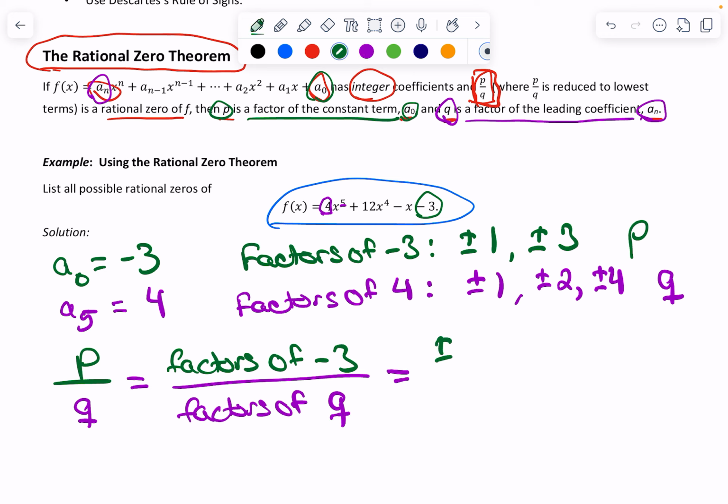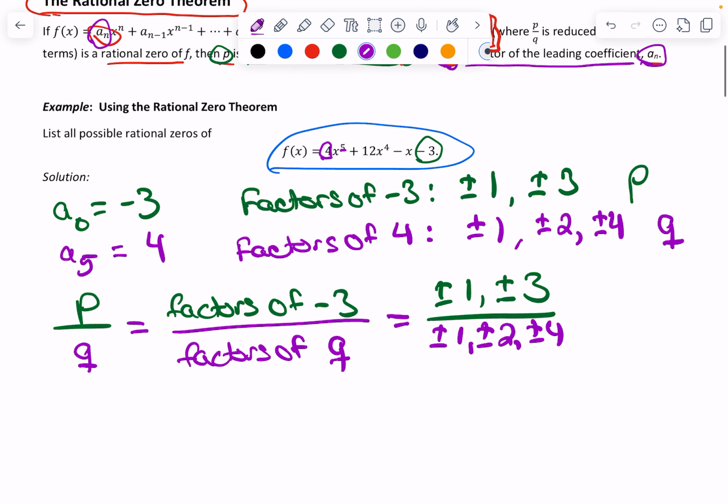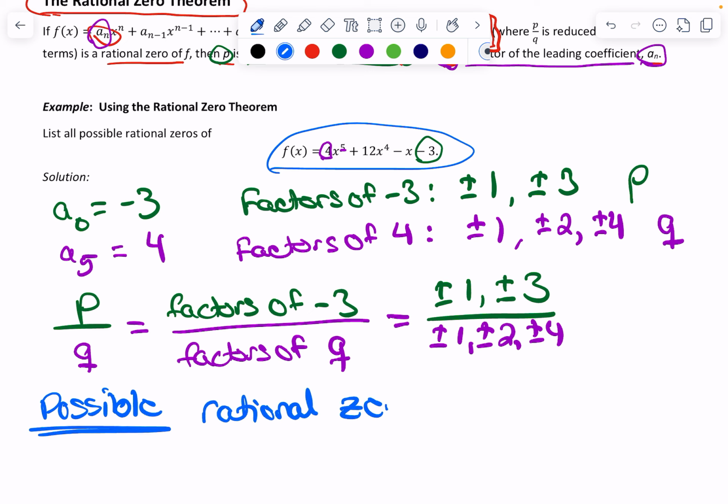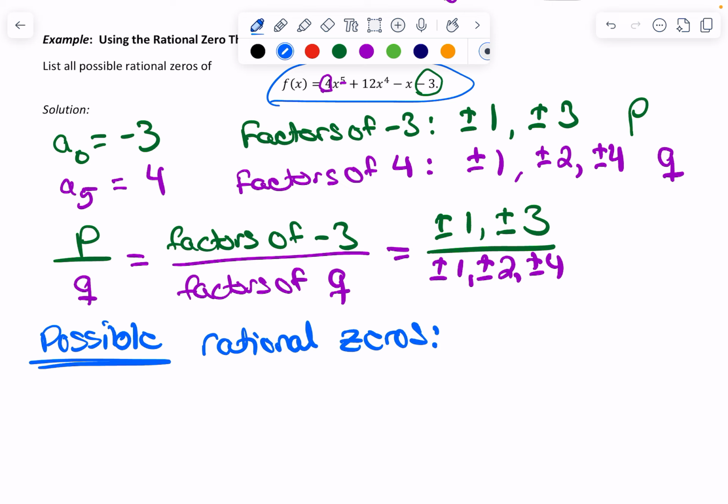So positive and negative 1, positive and negative 3 divided by positive and negative 1, positive and negative 2, positive and negative 4. Okay, so again, this doesn't mean that all of these are possible rational zeros.